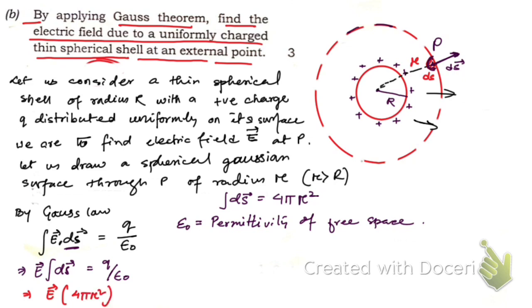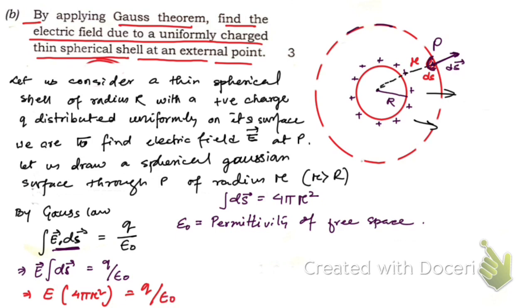This is a dot product, so it is a scalar quantity, and you can write simply E times 4 pi r square equals q by epsilon naught.